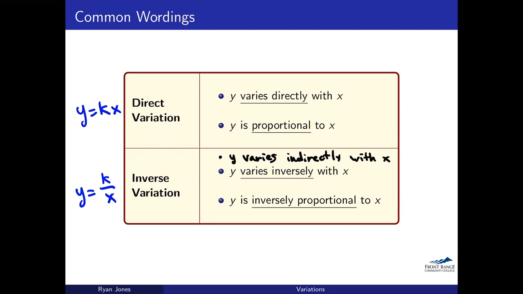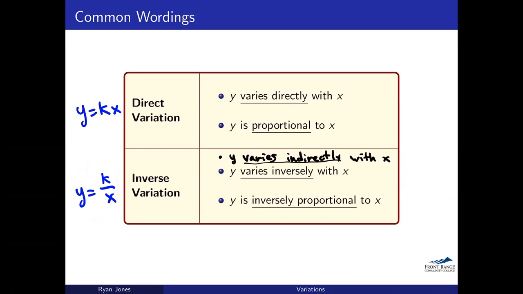We could say that y varies inversely with x, so we could just change that word indirectly to inversely. We could also say that y is inversely proportional to x, and if y is inversely proportional to x, then again, that's just that same exact meaning for inverse variation. It's just another way of looking at that. Great. So some common wordings there.